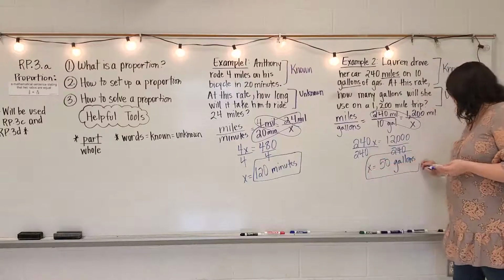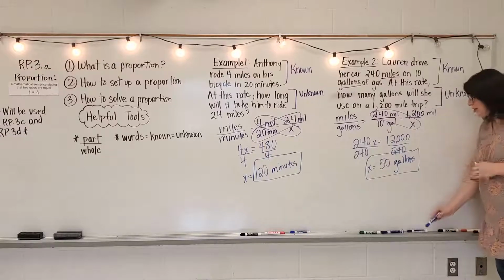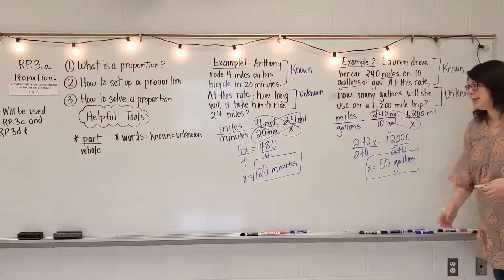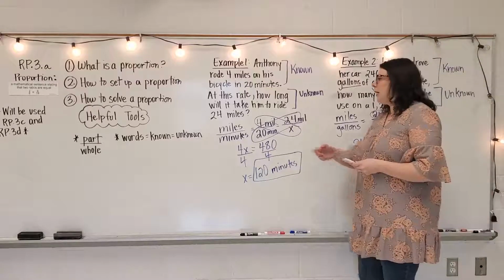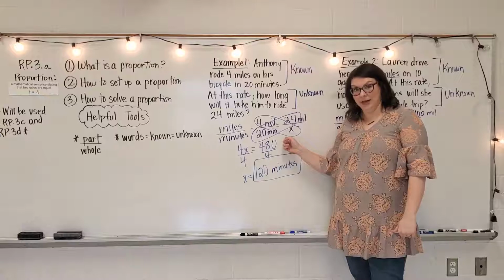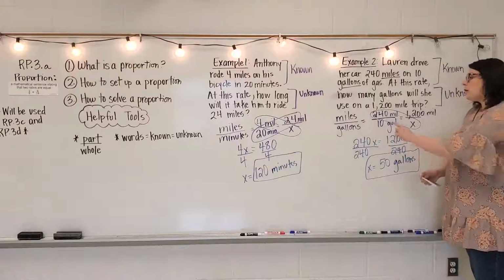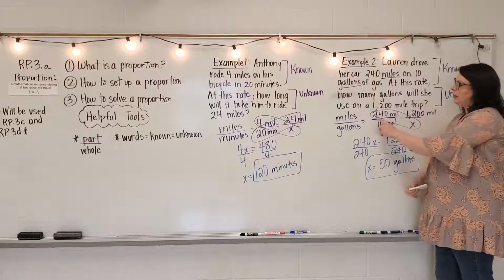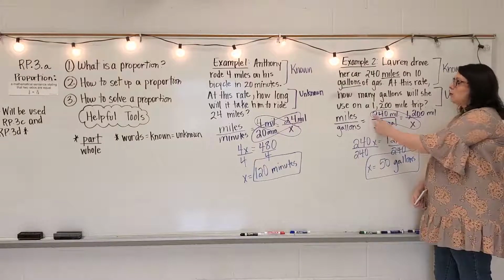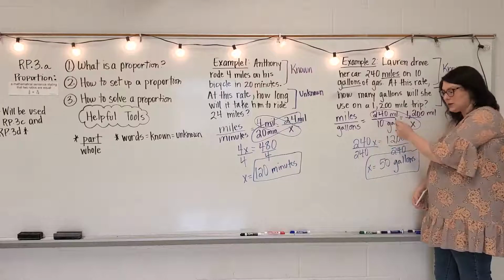Now, a couple of things. First of all, you want to make sure that your answer is reasonable. For example, if my mileage is increasing, then my minutes should also increase at that rate. And it did in my answer. Also, if you'll notice in this problem, the numerator, the mileage, was greater than the gallons it took to travel that many miles.